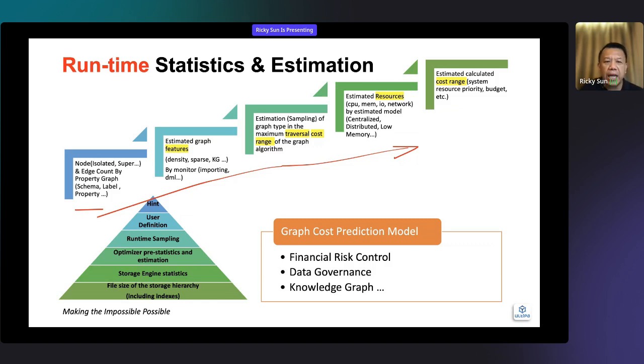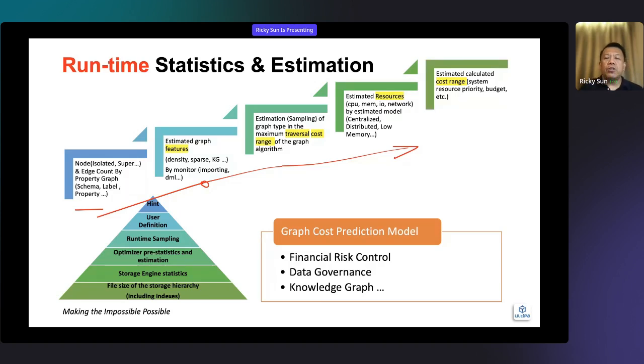And the second layer of estimation is, are you able to tell the density of the graph, right? Which parts are particularly densely populated, which parts are not. So this is a slightly advanced feature you can potentially generate out of estimation.